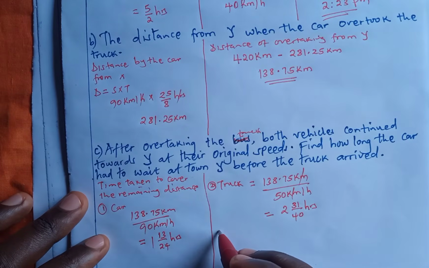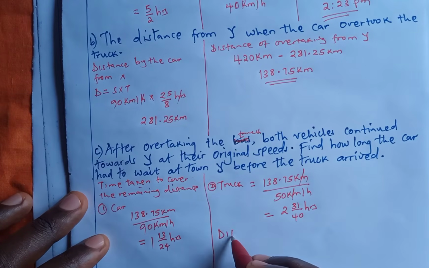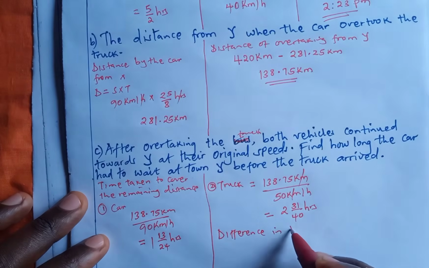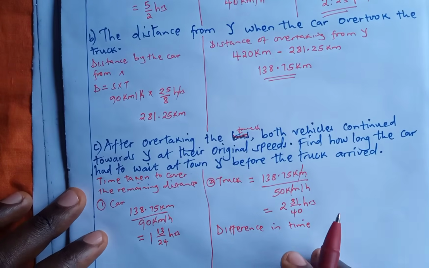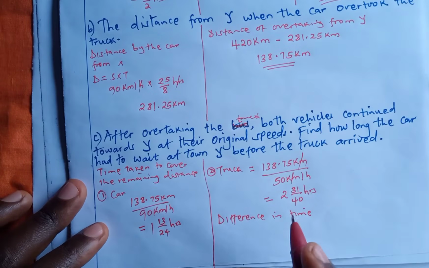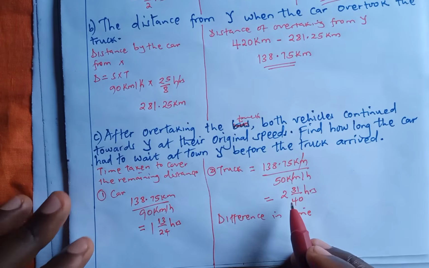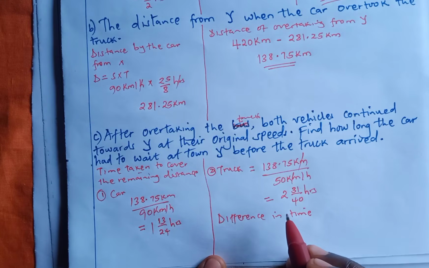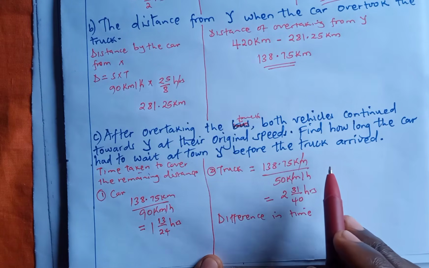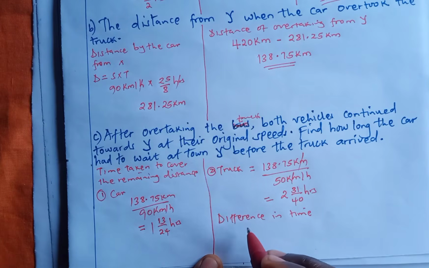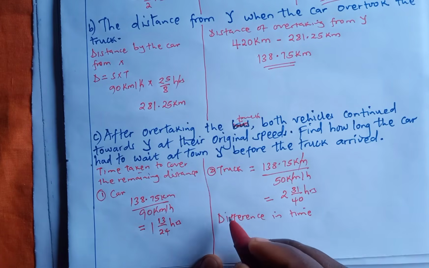Now the remaining thing is to get the difference in time. That is when we'll be able to ascertain the amount of time that the truck took to arrive at point Y.